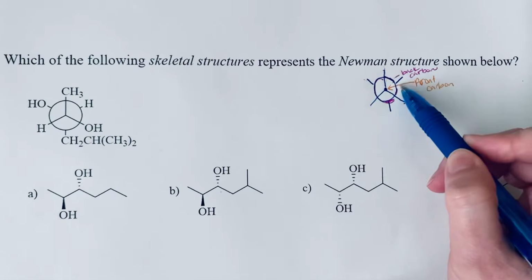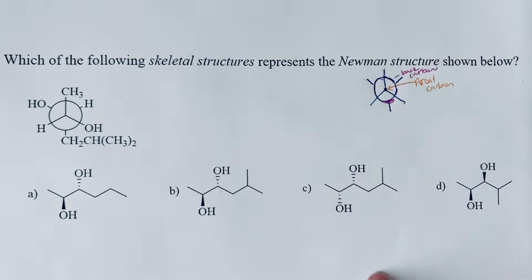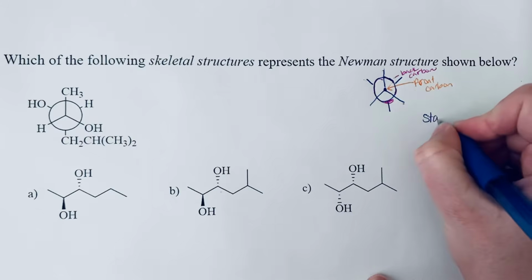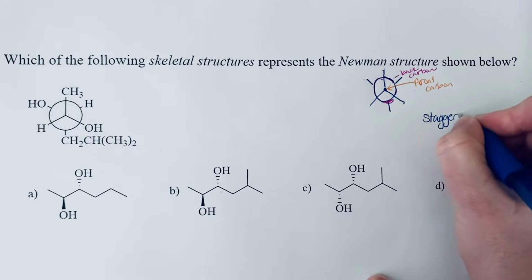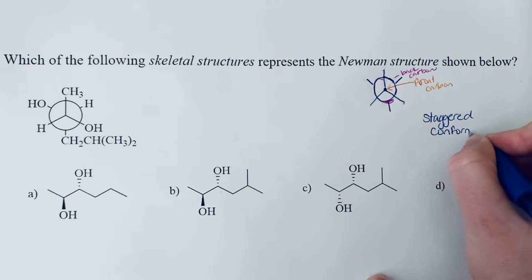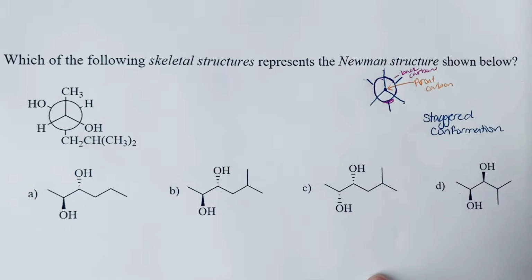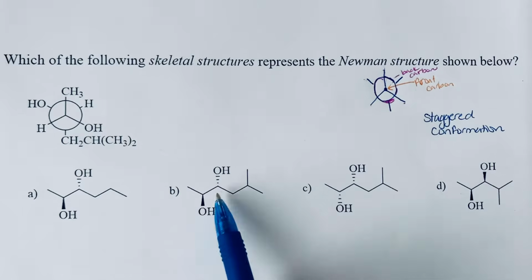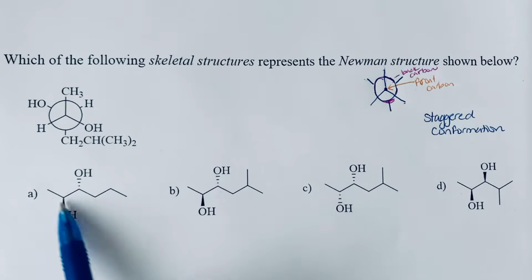So having all of these bonds spread out like this is a staggered conformation. And this is what we have been drawing all along when we draw these zigzag structures. When you put an alkane in this zigzag structure, you are putting it into its staggered conformation.